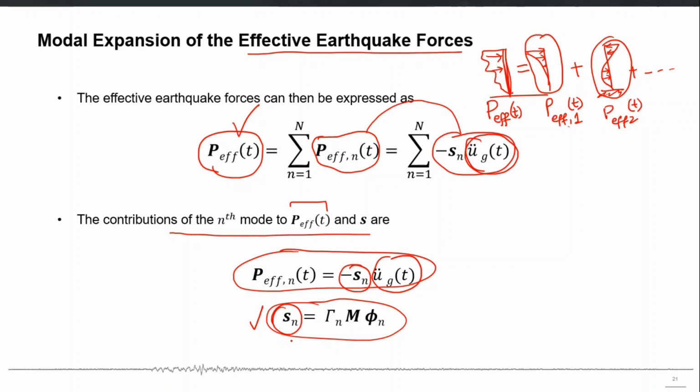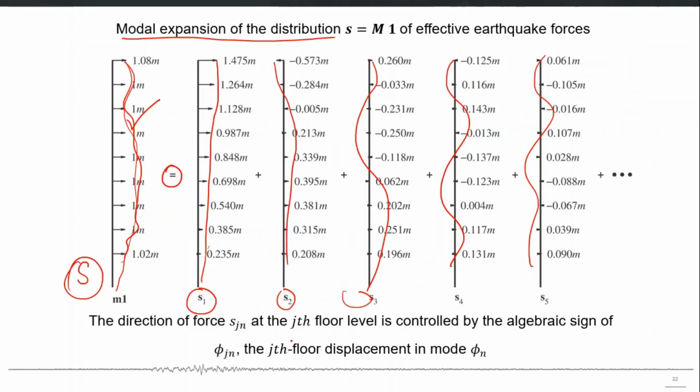And the same idea is depicted here in this figure, that you will have some distribution of applied loading, some irregular pattern, and this irregular pattern is approximately equal to the contribution of the first few vibration modes.